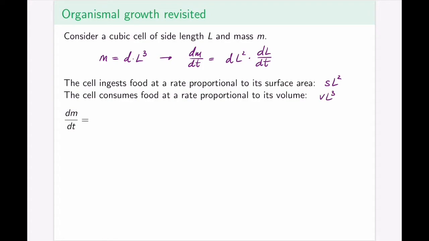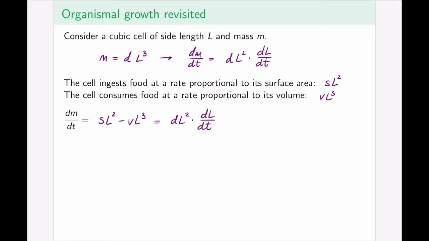Now, when we are talking about the change of mass, we can think of that as absorption minus consumption. So what we have is SL squared minus VL cubed. But on the other hand, this is the same as what we derived using a different approach. So these two must be equal.